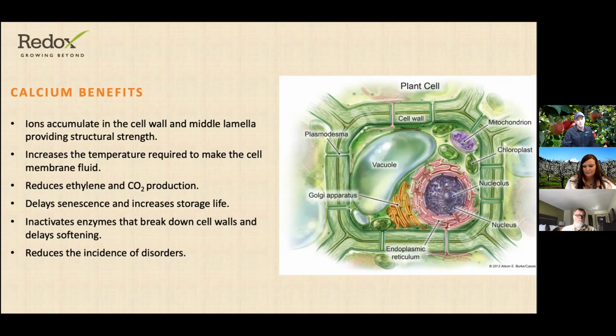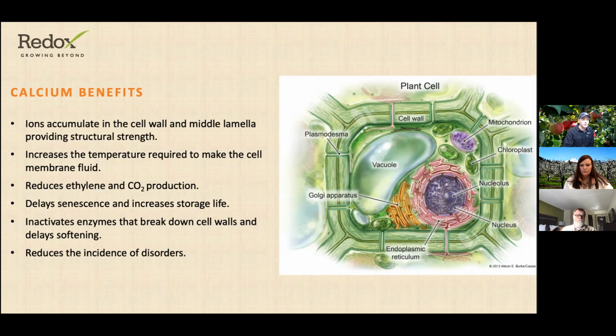And in apples, one of the very interesting things that we see is a reduction in pre-harvest drop, because the abscission layer between the stem and the tree is stronger and remains there much longer when we have good calcium nutrition. Good calcium nutrition inactivates the enzymes that break down cell walls, so it delays the softening and the ripening process.